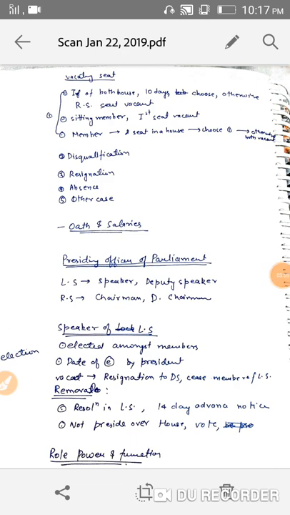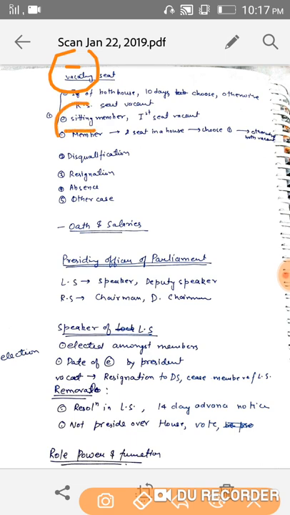Now, since the office of Speaker is of great importance, certain efforts are made to keep it impartial. First of all, he is given security of tenure. Then his conduct cannot be discussed in normal proceedings. His conduct can only be discussed on a substantive motion.